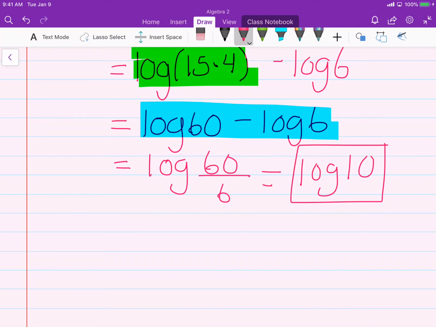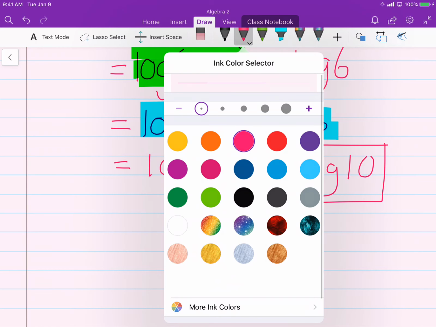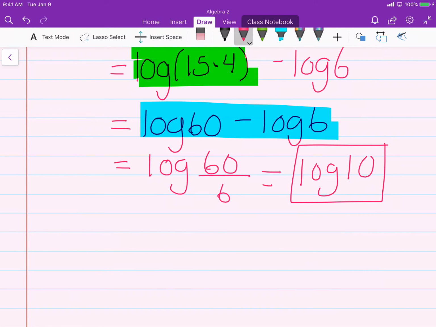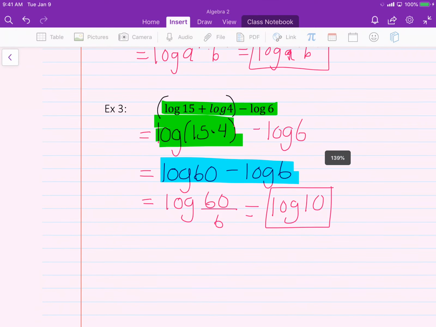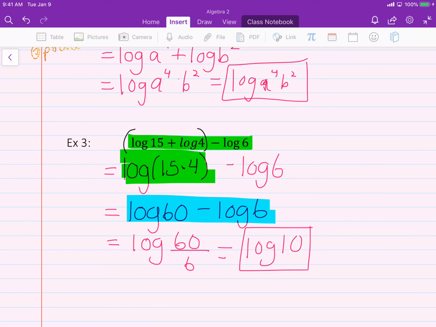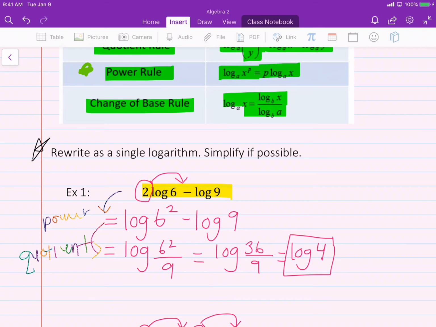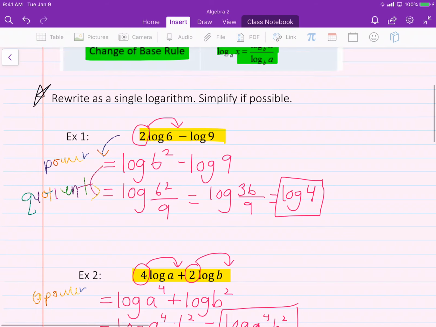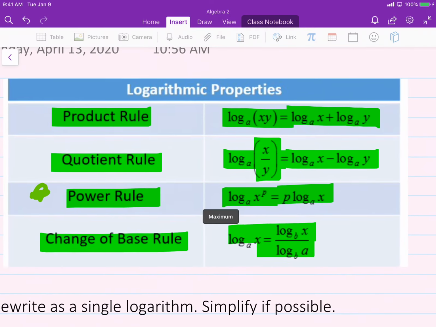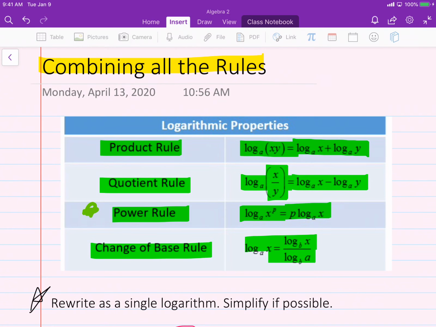So just as a recap, remember what's different here than the other assignment from earlier in the week is that now you might have to use more than one of these rules at once. You use them the same way, and there's no really right order to use them.